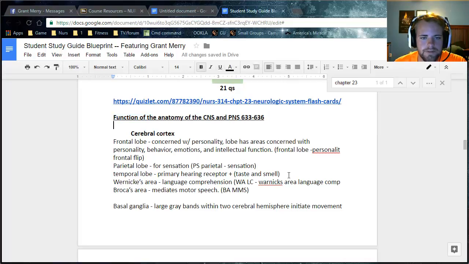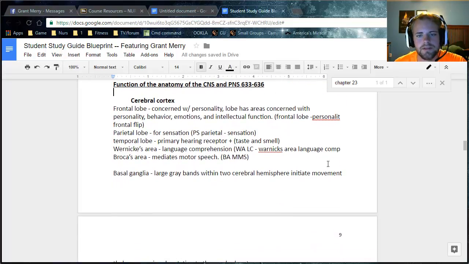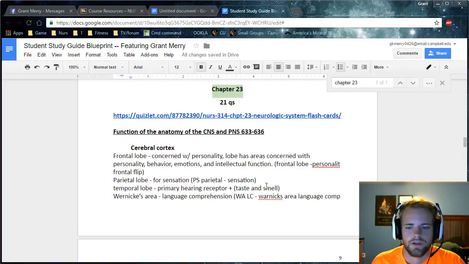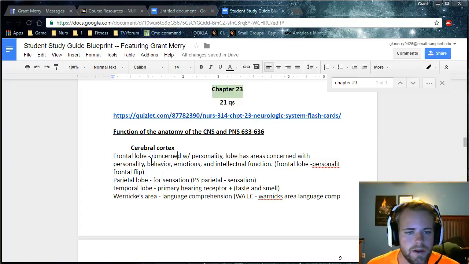Functional anatomy of the central nervous system and peripheral nervous system, pages 633 to 636. The cerebral cortex has the frontal lobe. These are important, so remember their functions. The frontal lobe is concerned with personality, behavior, emotions, and intelligence.